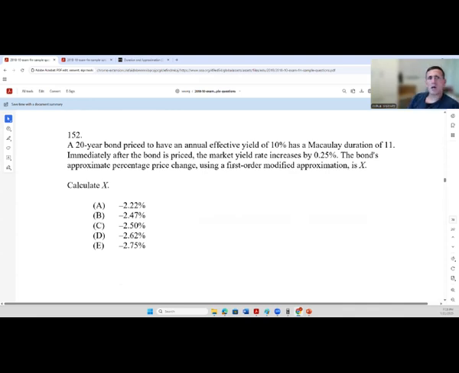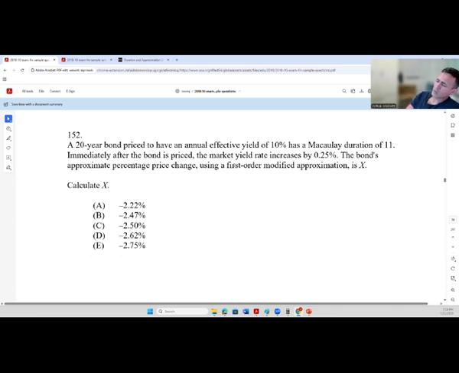So you have a 20-year bond, yield of 10%, duration of 11. Yield increases by 0.25%. So we're adding that 0.25% to the 10% for a total of 10.25%. Or in other words, the change in yield rate, slash interest rate, same thing, is 0.25%, so 0.0025 as a decimal.